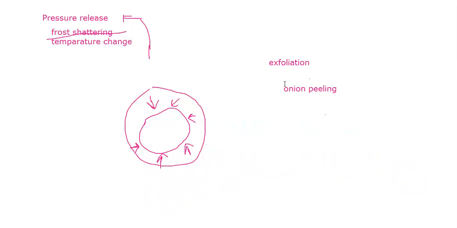However, the difference between this and temperature change is how it happens. But exfoliation or onion peeling happens for both pressure release and temperature change. Good. Now, this causes the rock to disintegrate.